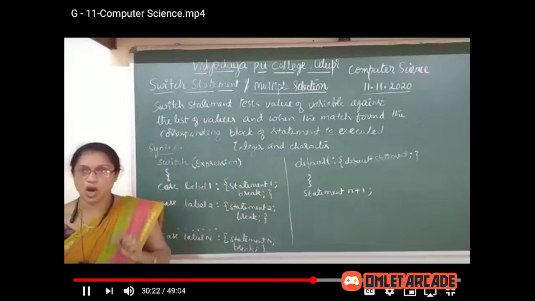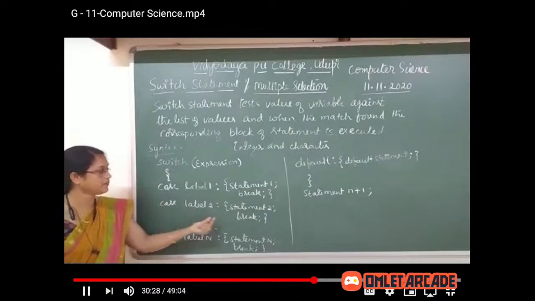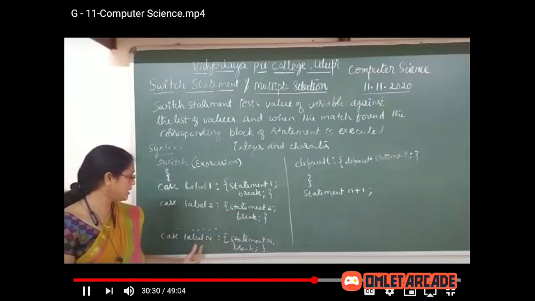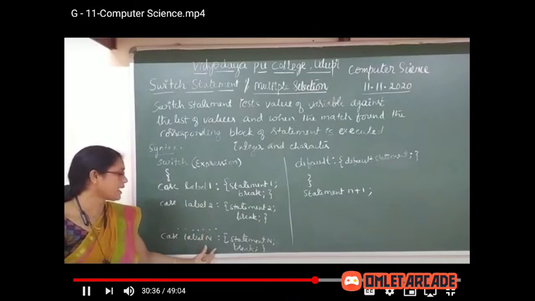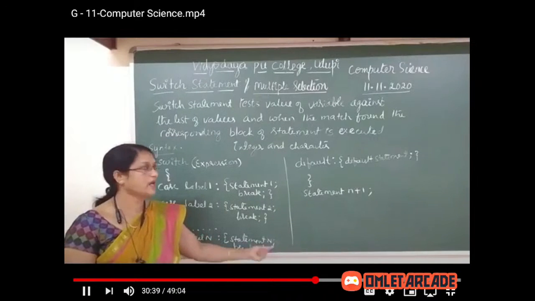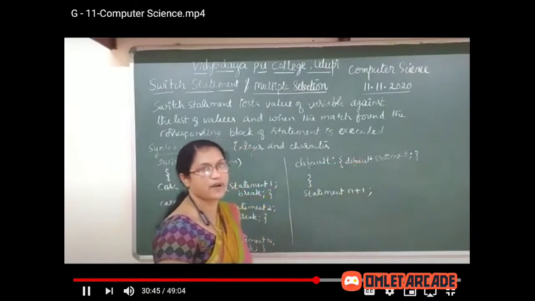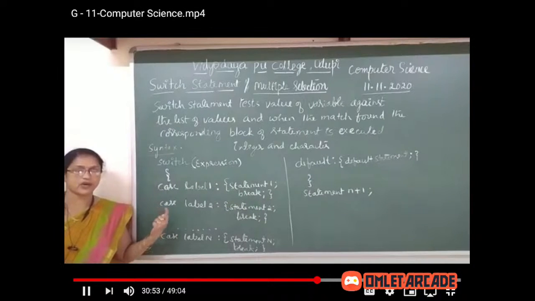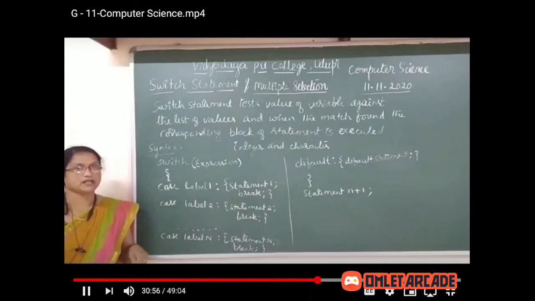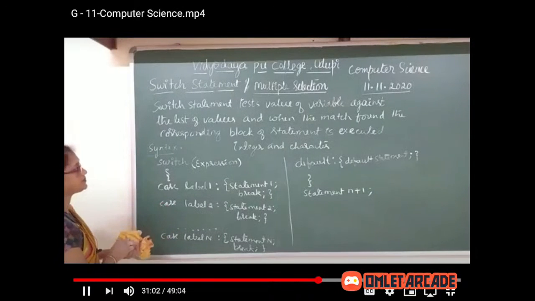When the match occurs, the corresponding block of statement will be executed. Statement 2, break. Next, put dot dot, that indicates n number of statements. Case label n, colon, open flower bracket, statement n. Next, default, D-E-F-A-U-L-T, colon, default statement. Close the flower bracket, statement n plus 1. This is the syntax. Already you have studied it in programming constructs, right? Same syntax. Now next, flow chart.